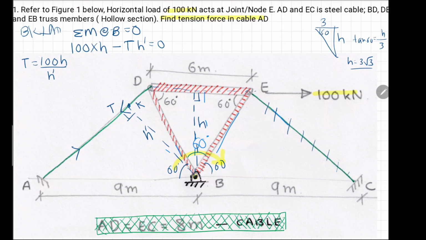To calculate H dash, we can use the sine and cosine rule.